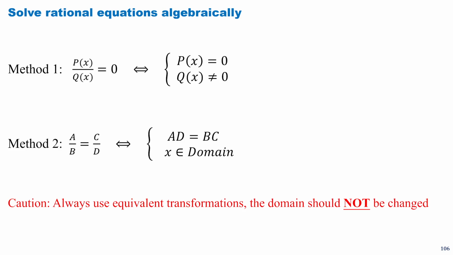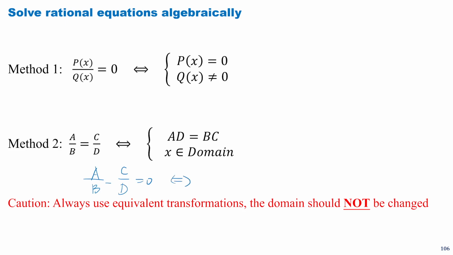Suppose you have a rational equation like this, a over b equals c over d. We can use cross product. This is equivalent to ad equals bc, as long as x belongs to the domain. Okay, you see that? Or you could also rewrite this to a over b minus c over d equals 0.